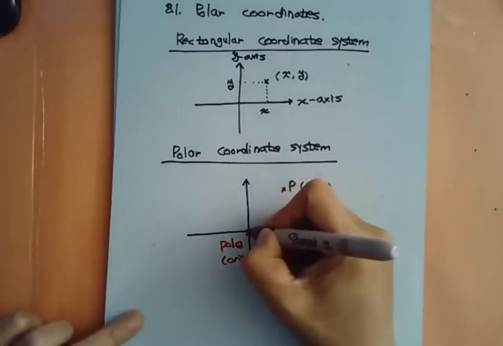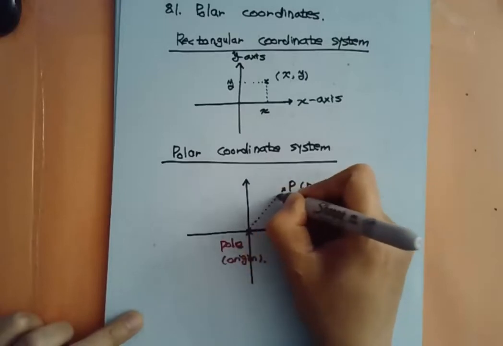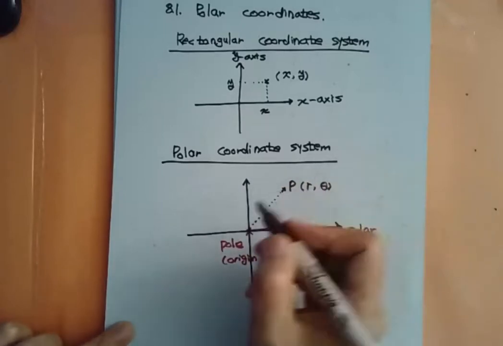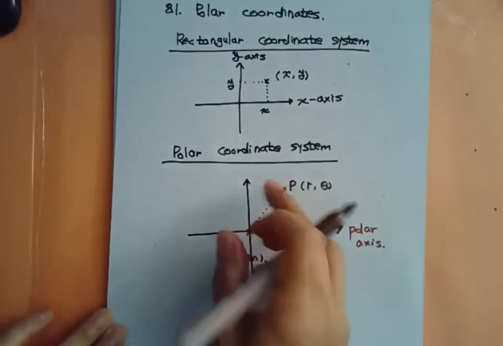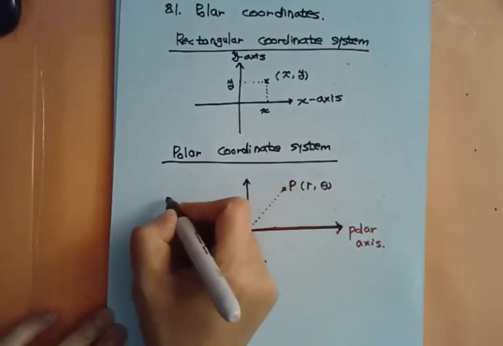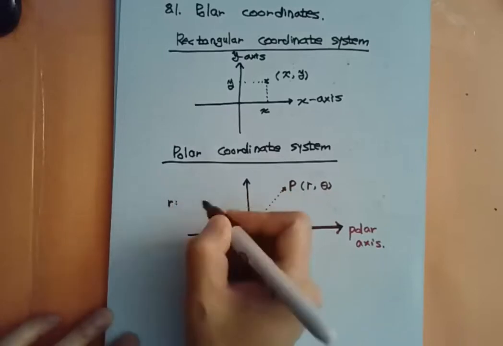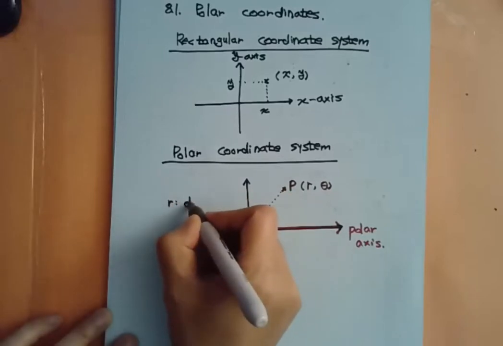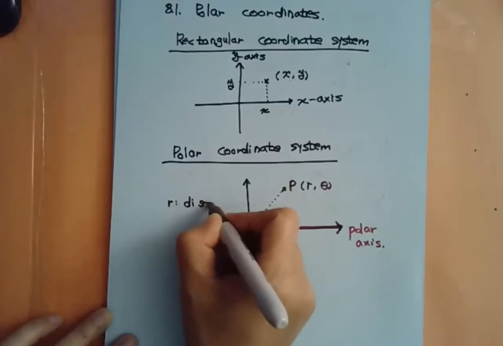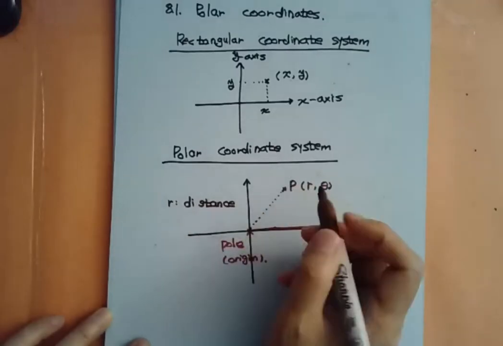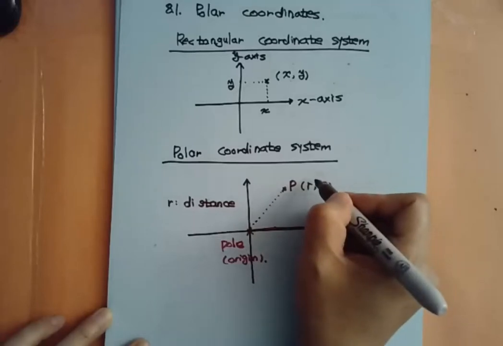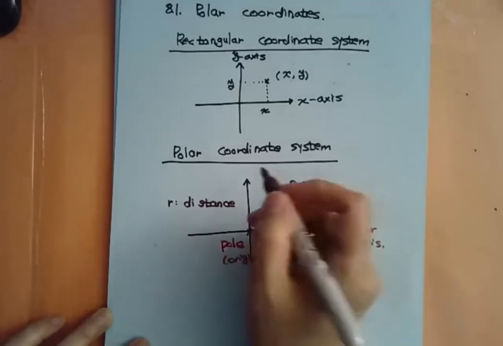This r is the distance between the pole and that point. But that distance is oriented, which means this r may be a negative distance.